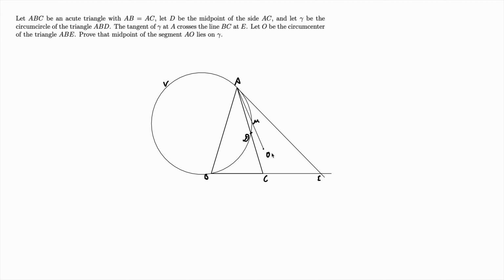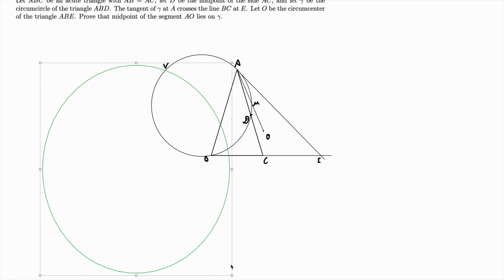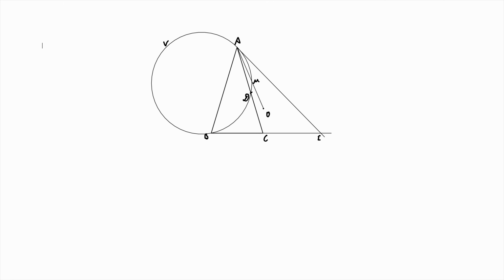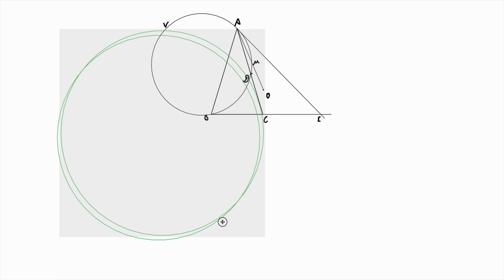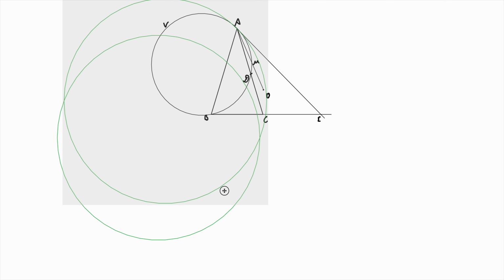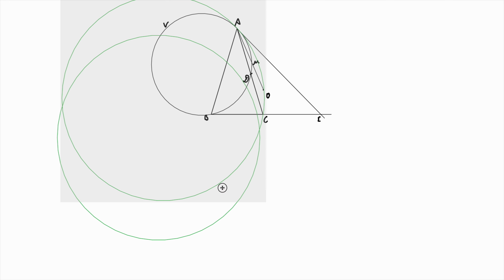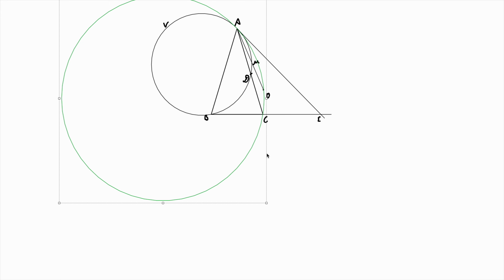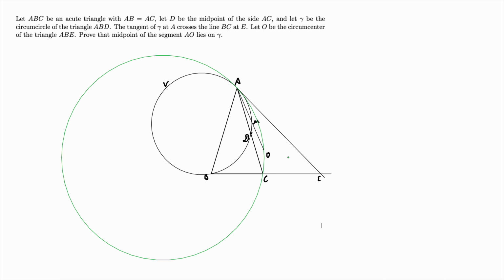I think it's quite natural to think of it like this. Let's insert a circle. Wait, this is actually nice. Yay, perfect. So let's call this gamma prime.